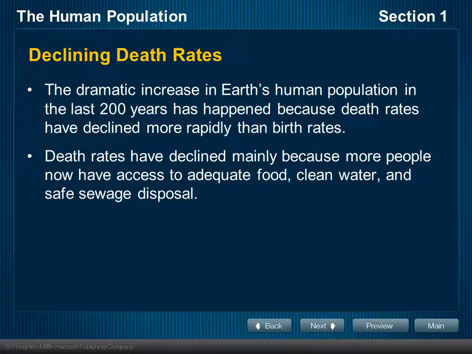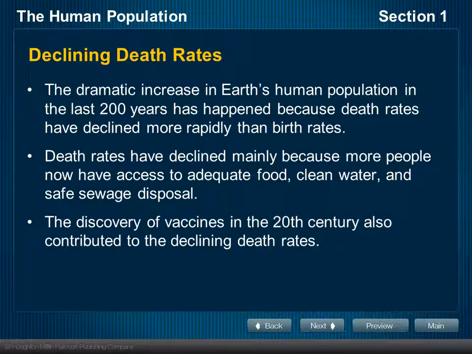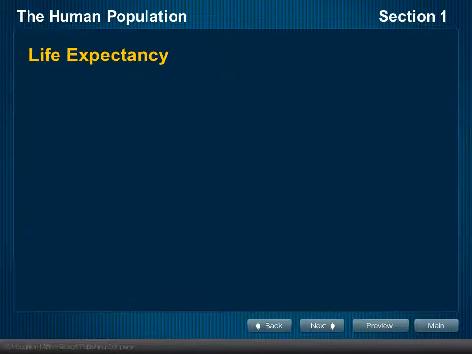So that's really important to keep in mind. The discovery of vaccines in the 20th century also played a role, as it wiped out the causes of what we might consider epidemic deaths. We think of flu epidemics and polio and things like that.